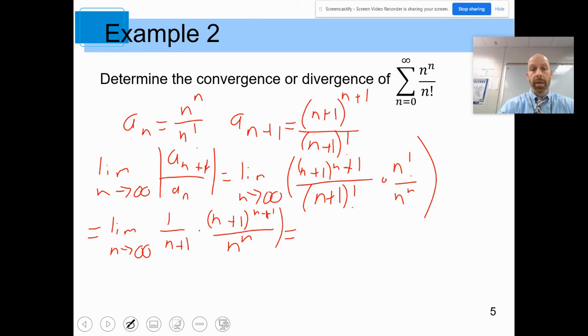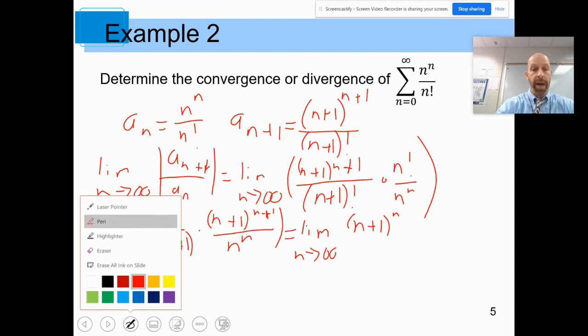Now, it doesn't look like much cancels here, but if I were to put parentheses around this n plus 1, that's going to cancel one of those factors in that numerator. So that's going to make our limit n going to infinity of n plus 1 to the n, and then that cancels the denominator.